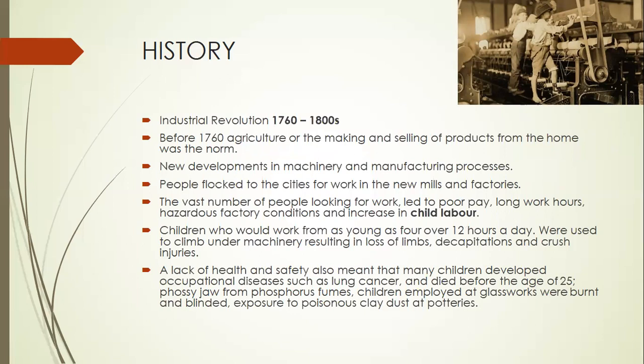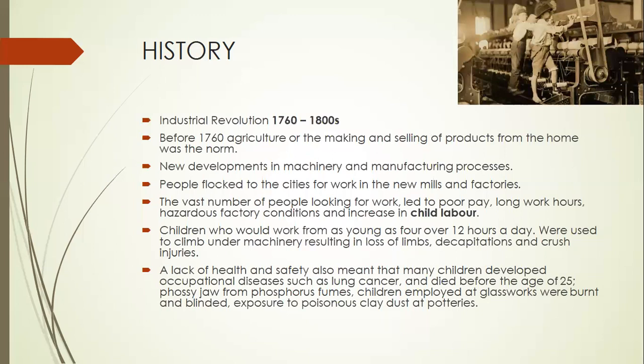So when did occupational health become of importance? How did it start? To answer that question, we have to go back all the way to the Industrial Revolution, which happened from 1760 to the 1800s. Before 1760, agriculture and the making of products was done from home.